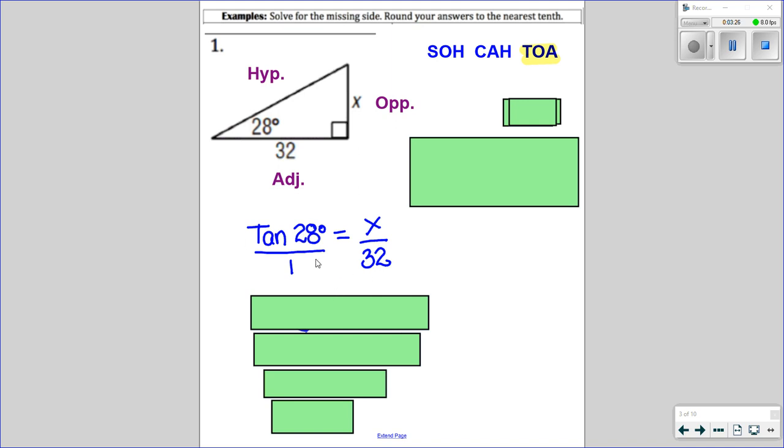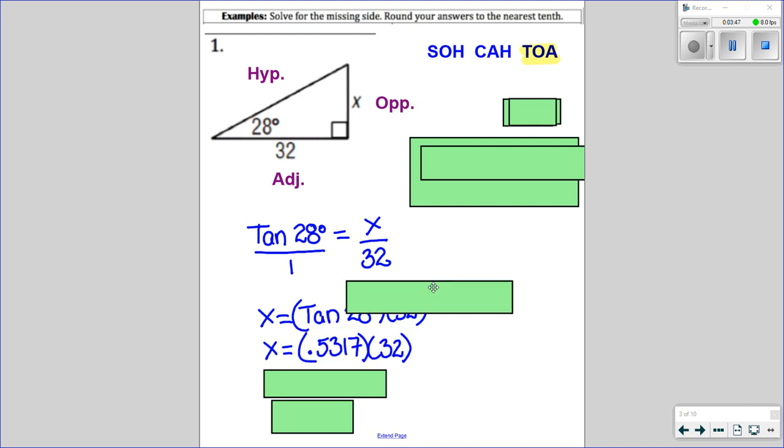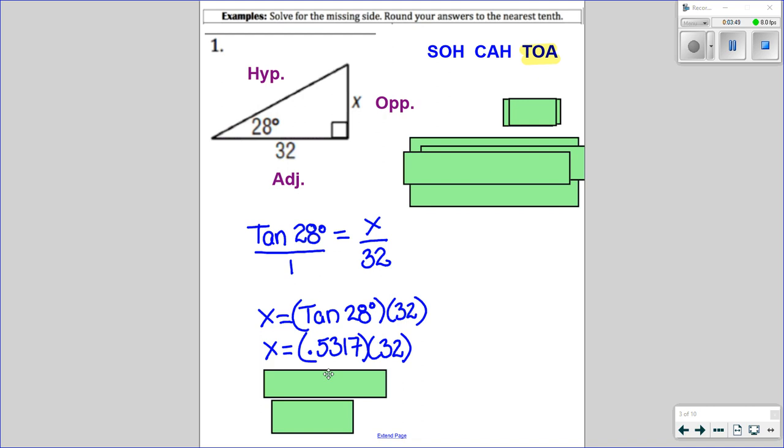So now we're going to cross multiply. We get x equals tangent 28 degrees times 32. But now we have to go a step further. We have to find the tangent of 28 degrees. This is where you use a calculator. You press tangent and then put the number 28, and you should get a value of 0.5317.